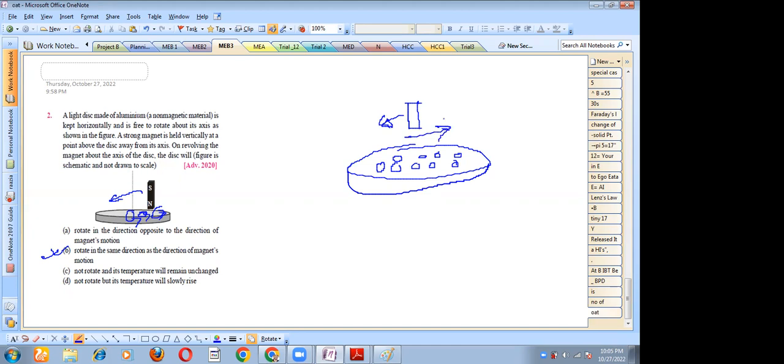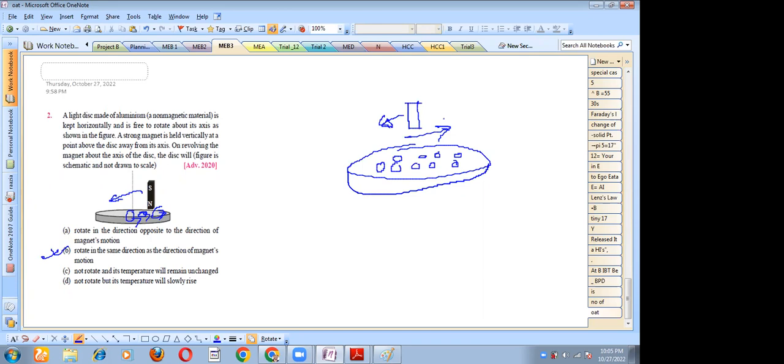Eddy currents sometimes also produce damping kind of forces. We know that eddy currents can damp a motion or damp an oscillation. So they will try to oppose the motion.